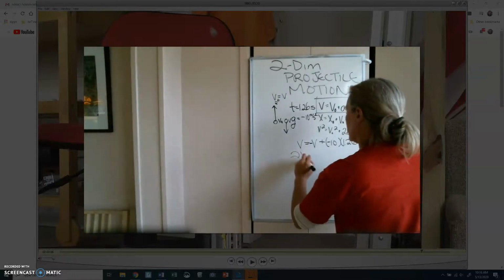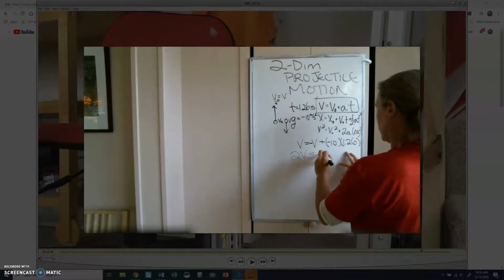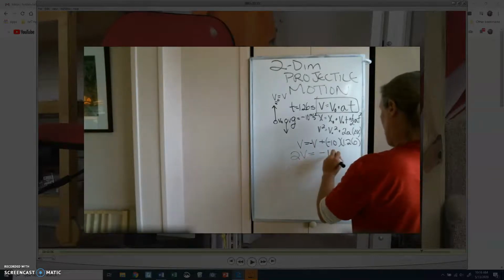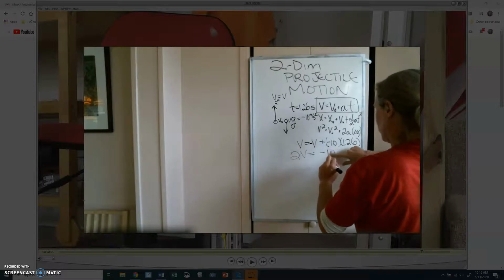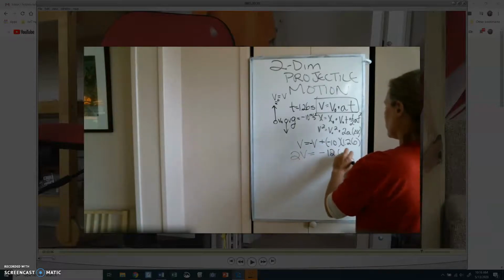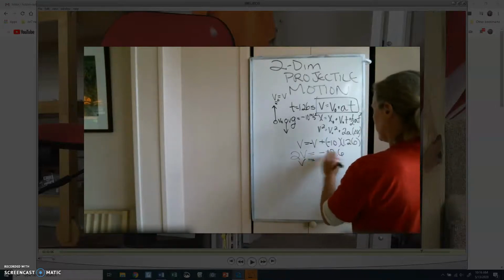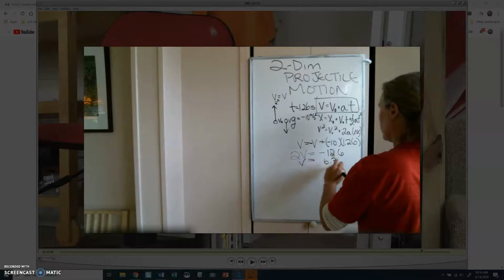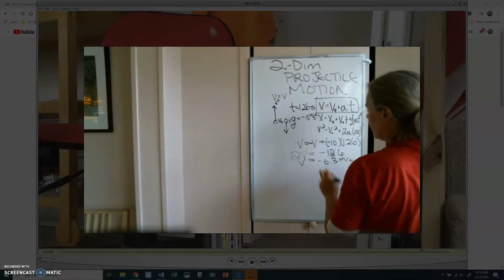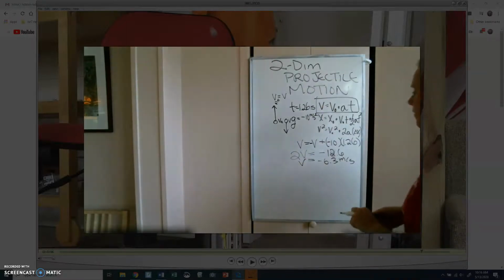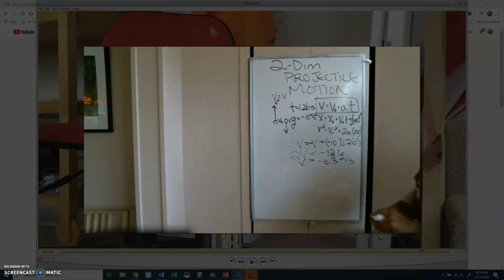I've got 2V equals negative 12.6. V, my initial velocity, is going to be 6.3 meters per second. Now I know I have a negative there, but that's fine. So ultimately I've got a magnitude of 6.3 meters per second coming out of that launcher, which is actually pretty good.